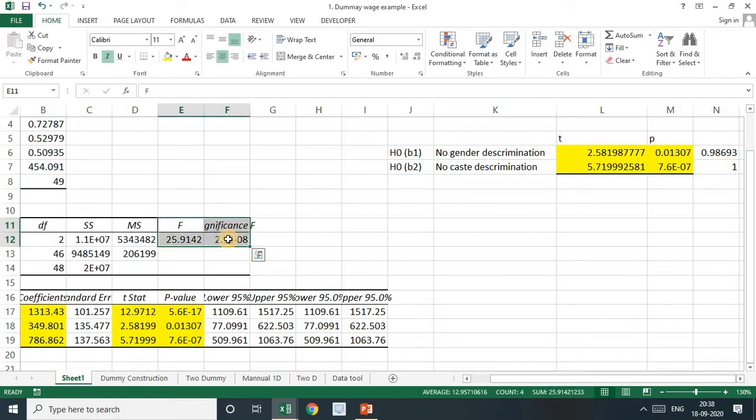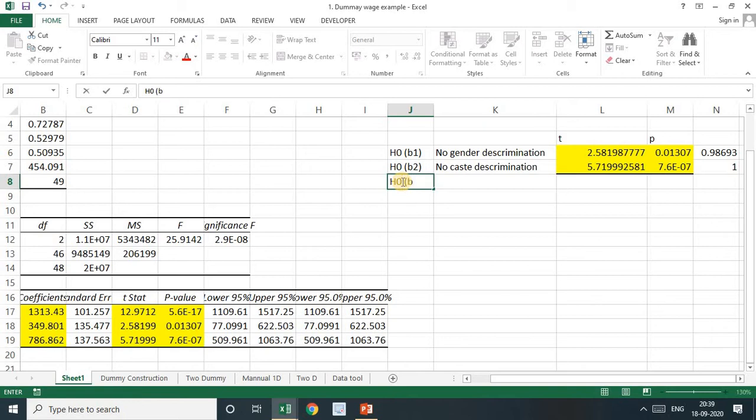Then look at this f value. What does this f value say? H0 in the f test assumes that beta 1 is equal to beta 2 is equal to 0.